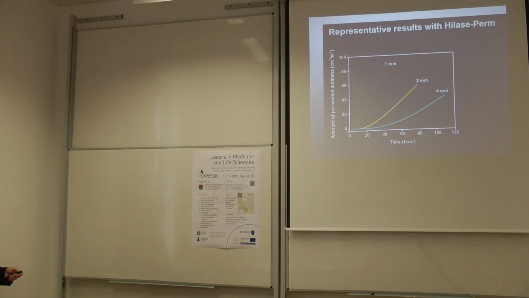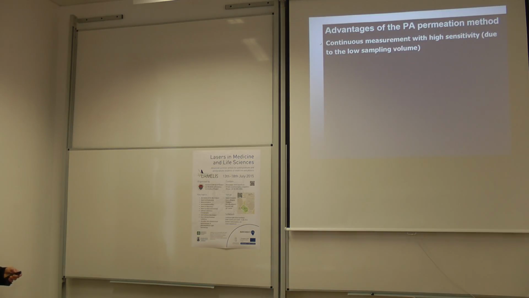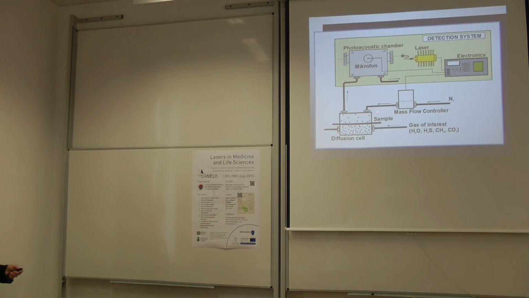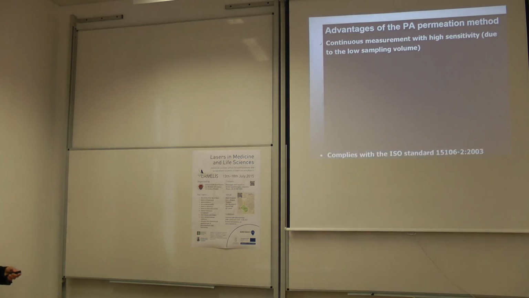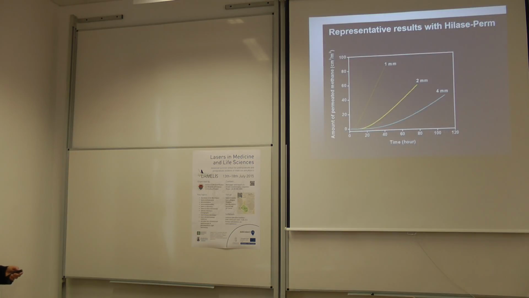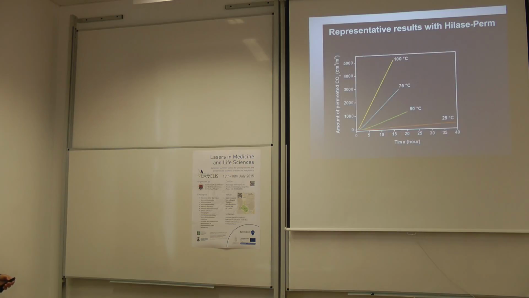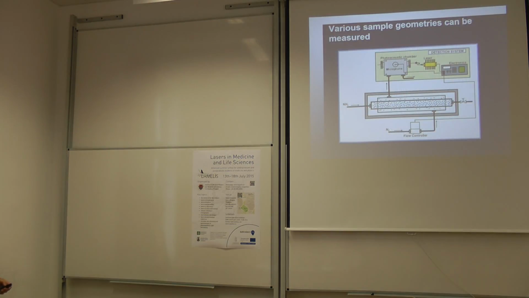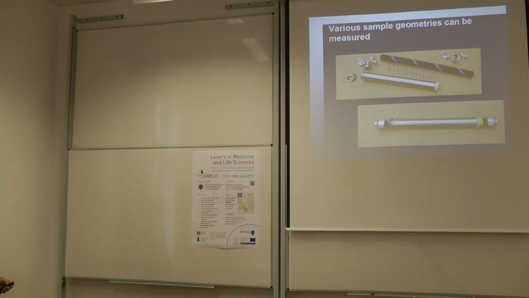At the start of the measurement, you have nothing in the receiving chamber; you have 100% methane, for example, on one side and nothing on the other. But as time elapses, gradually you can see the appearance of these molecules as they diffuse through the sample. And we made a lot of variants of this detection method.